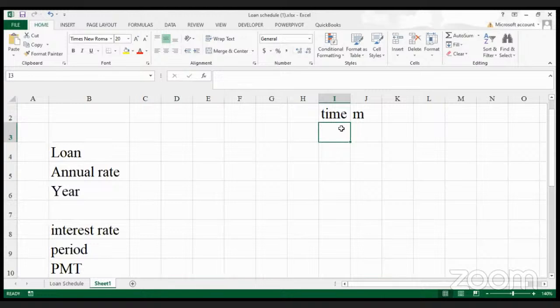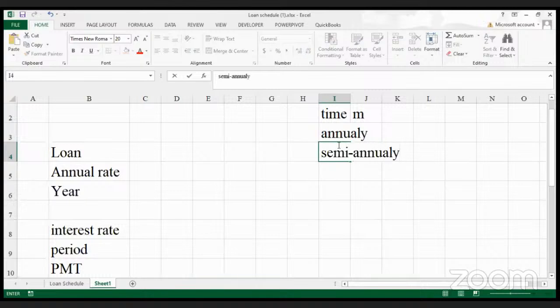So payment can be done annually. It can be done semi-annually.